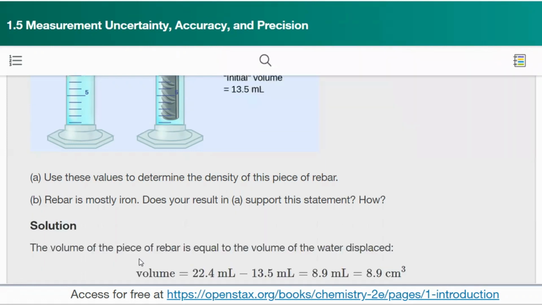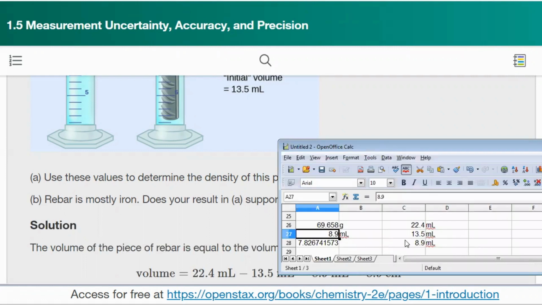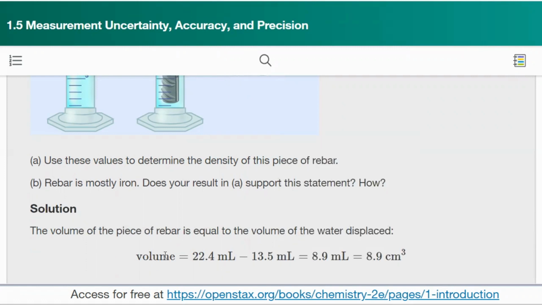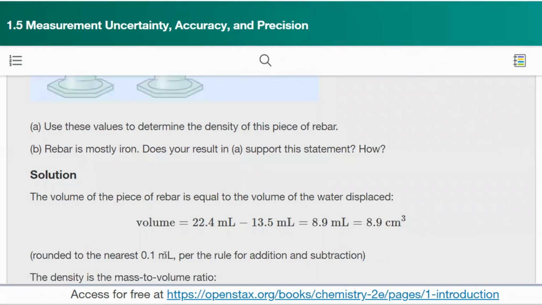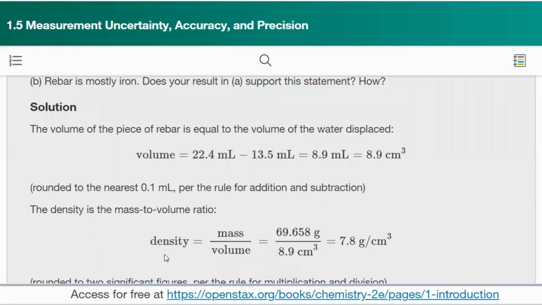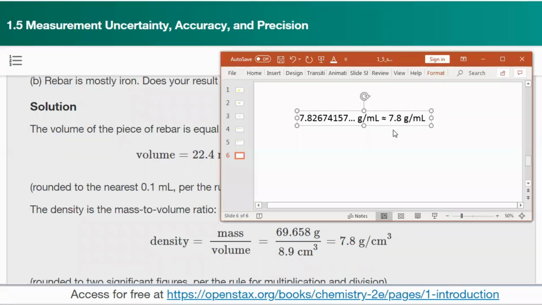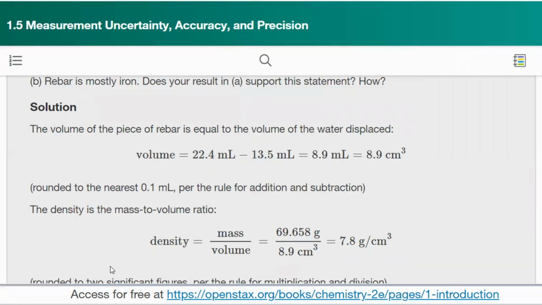Solution: the volume of the piece of rebar, let's see, I got 8.9 milliliters, rounded to the nearest 0.1 milliliters, and they got 7.8 grams per cubic centimeter, like I did.